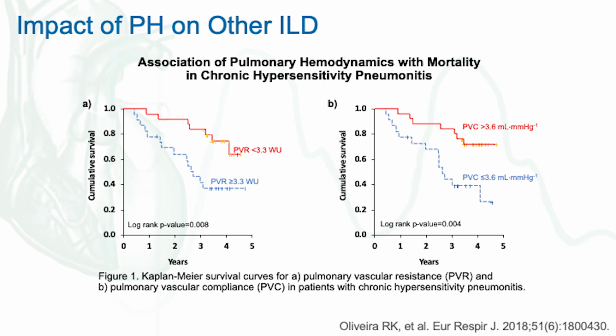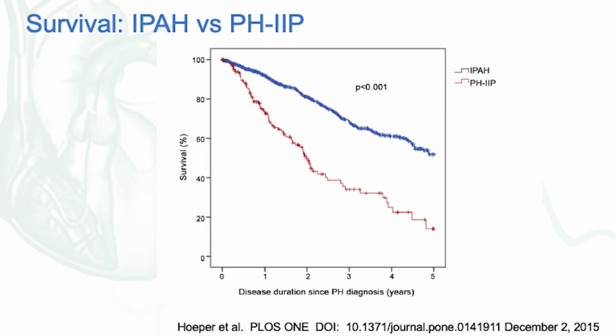And this is not just an IPF phenomenon. You can see this in chronic hypersensitivity pneumonitis. You can see this in all of our interstitial lung diseases. In fact, data from the PH-ILD database shows that of all our different groups, group 3 pulmonary hypertension patients really do worse. Here you can see data from, the blue is idiopathic pulmonary arterial hypertension.